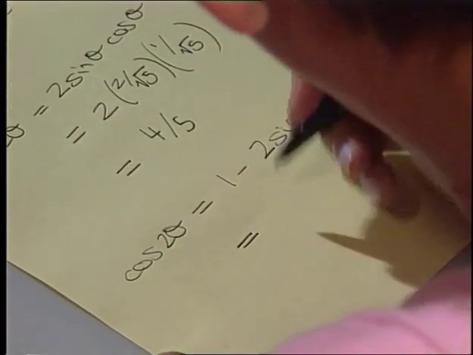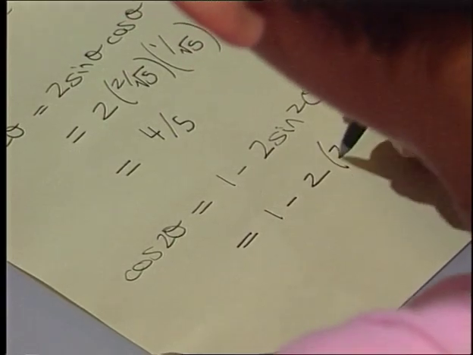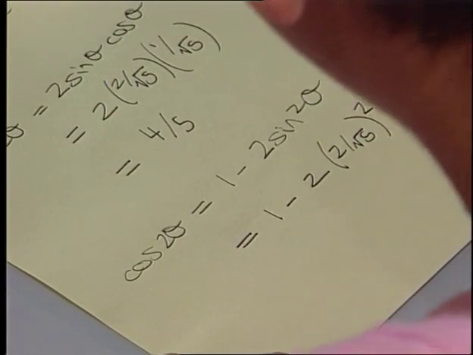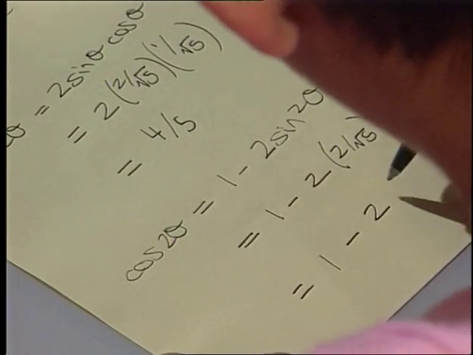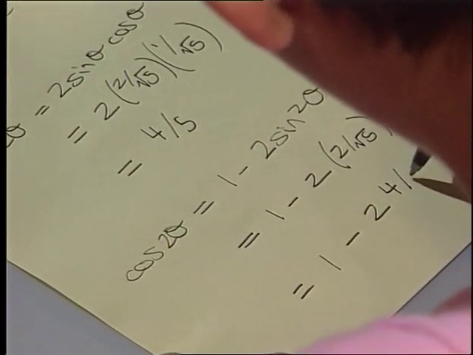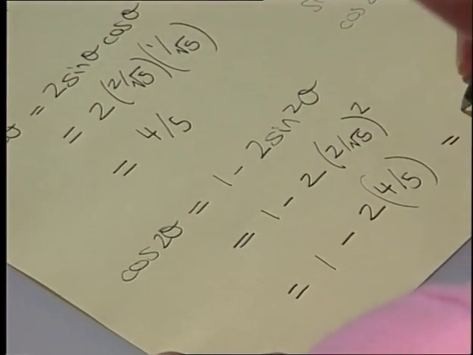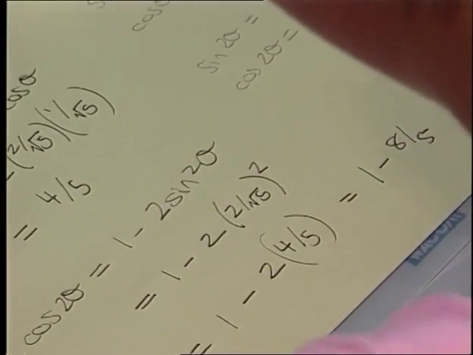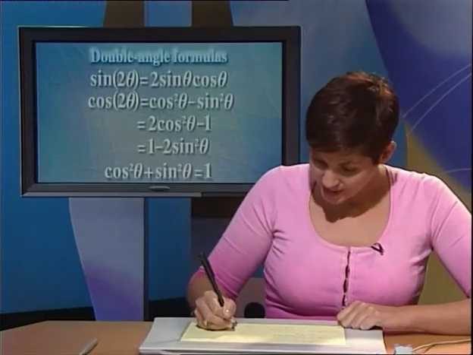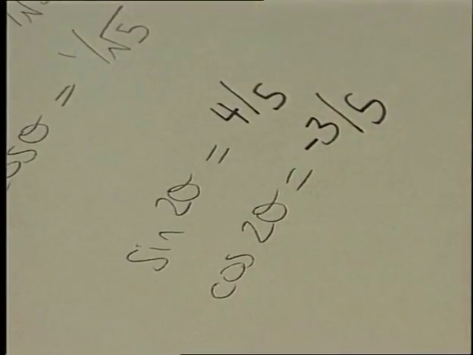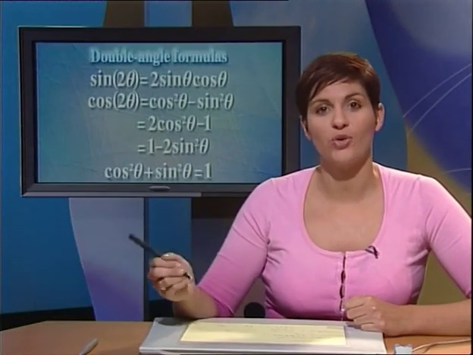So substituting in my values, that gives me 1 minus 2 times 2 over root 5 all squared, which equals 1 minus 2 times 4 fifths, which equals 1 minus 8 over 5, which equals minus 3 over 5. So the cosine of 2 theta is equal to minus 3 over 5. You might want to have a go at solving for cosine 2 theta by using the other 2 identities.